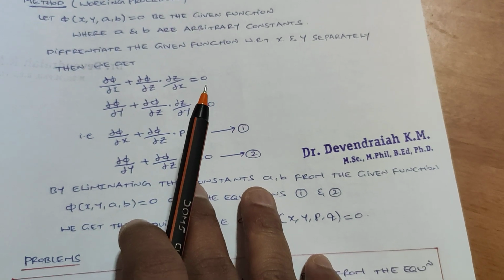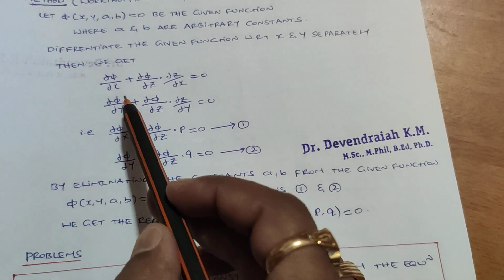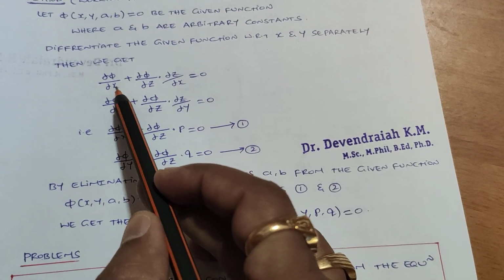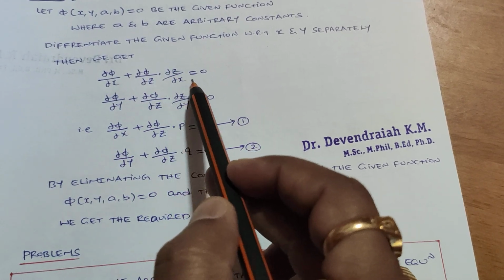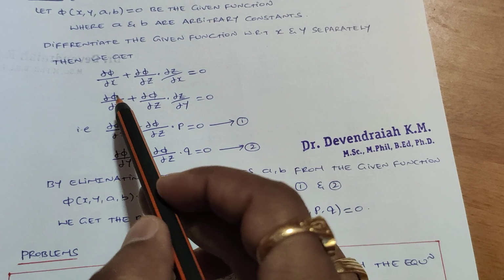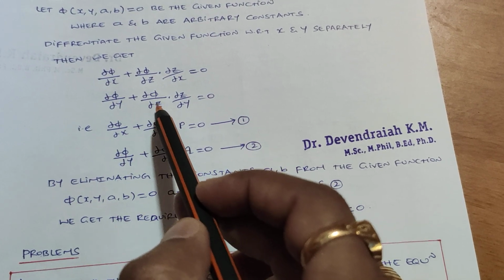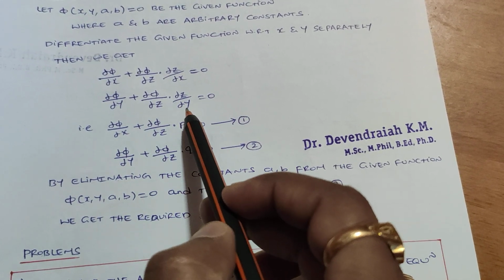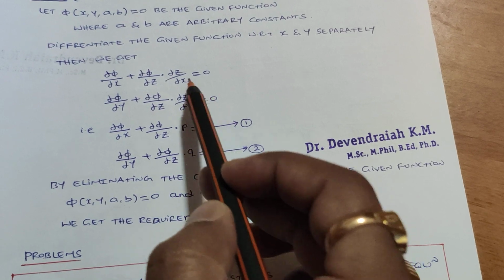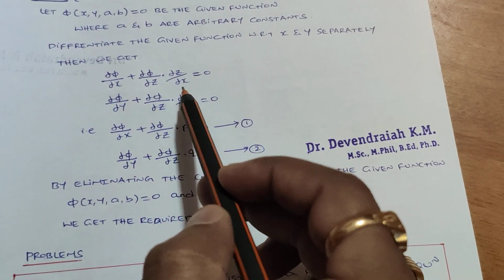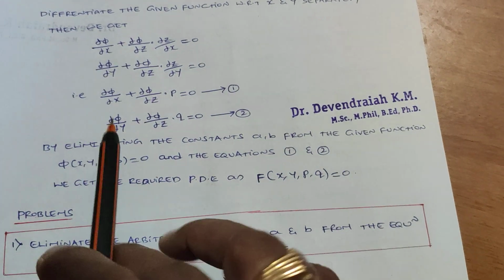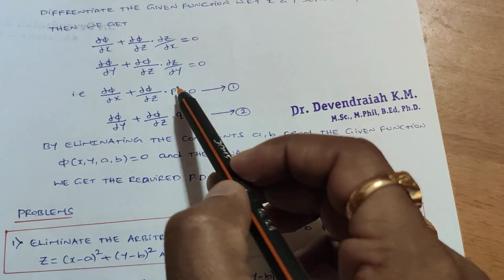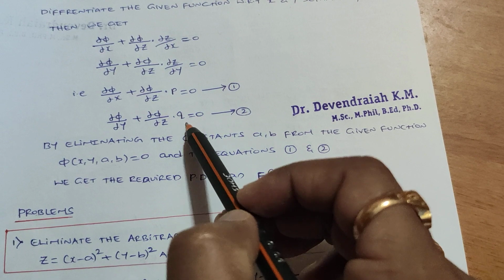When we differentiate with respect to x, we get ∂phi/∂x + ∂phi/∂z · ∂z/∂x = 0, and with respect to y, ∂phi/∂y + ∂phi/∂z · ∂z/∂y = 0. Here we replace ∂z/∂x as p and ∂z/∂y as q.